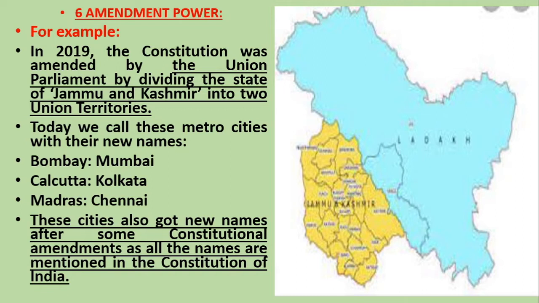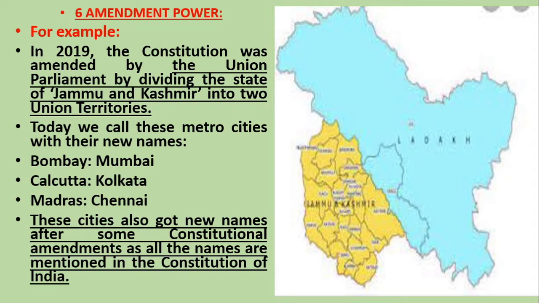These cities also got new names after some constitutional amendments, as all the names are mentioned in the Constitution of India. So you see the names of states as well as all cities, what I have discussed here, everything is mentioned in the Constitution of India. If any change is done, then it is changed in the Constitution of India.